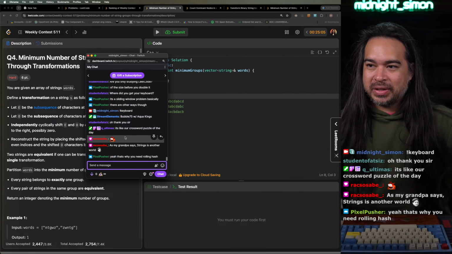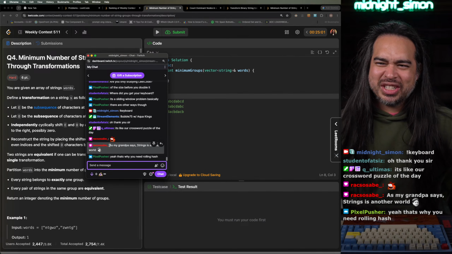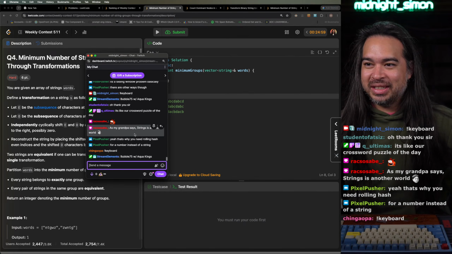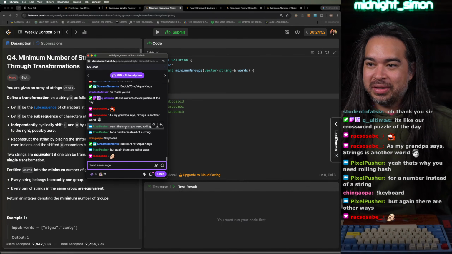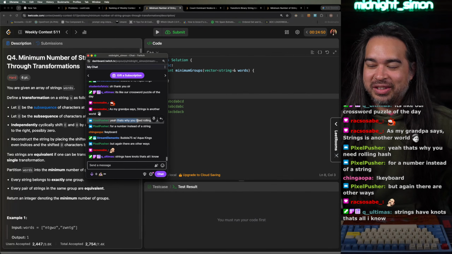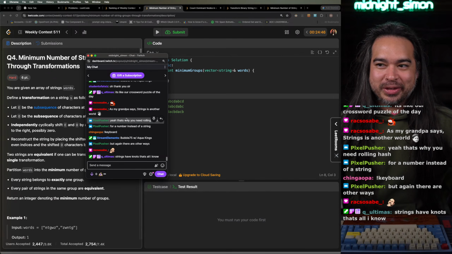As my grandpa says, strings is another world. What is your grandpa talking about, Raxo? That's why you need a rolling hash for a number instead of a string. Right, so you're saying that making the copy of the substring is quite normal then?